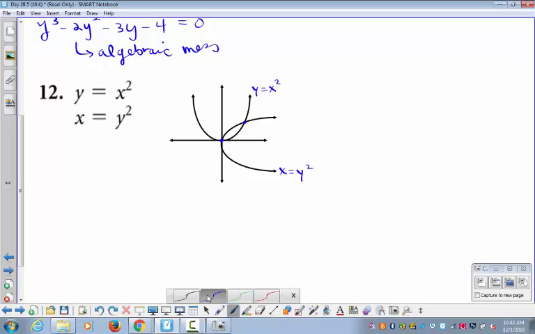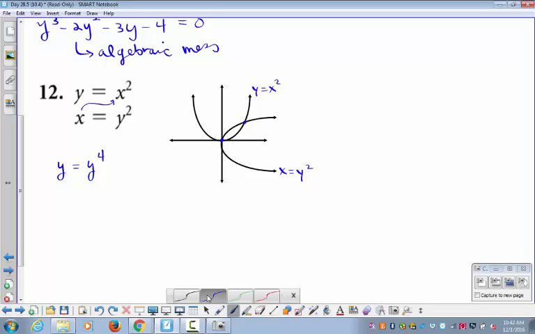All right. So the second equation already has x isolated. So let's just substitute into equation 1. So we're going to plug this into equation 1. So that gives us y equals what? y squared squared. So that's y to the 4th. Can you agree? y squared squared, y to the 4th.